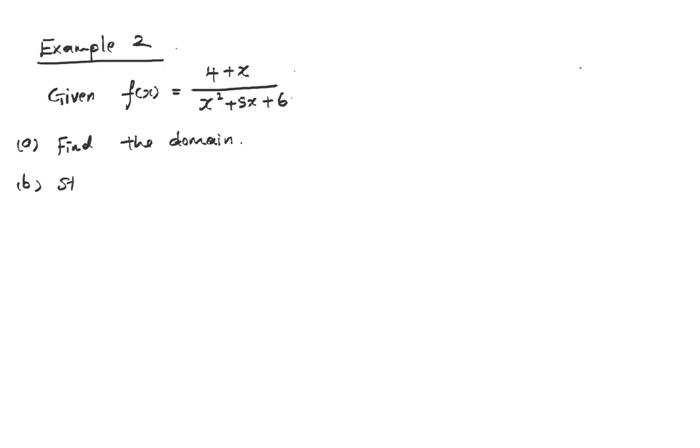B, state the equation or equations of the vertical asymptote or asymptotes. That means I expect to have 2 here.